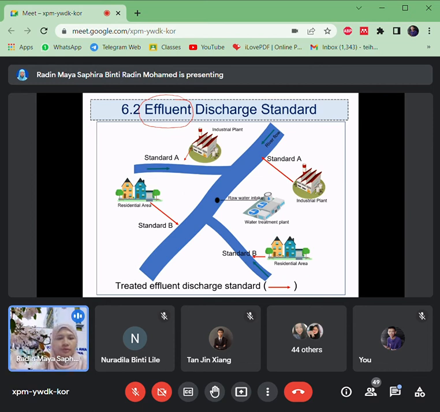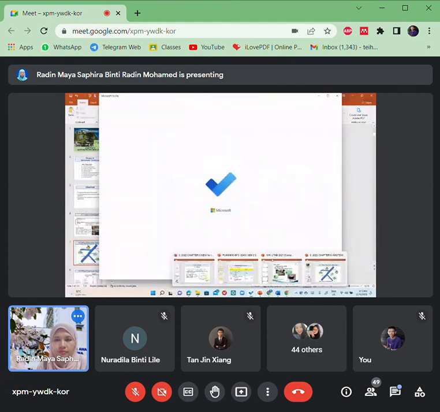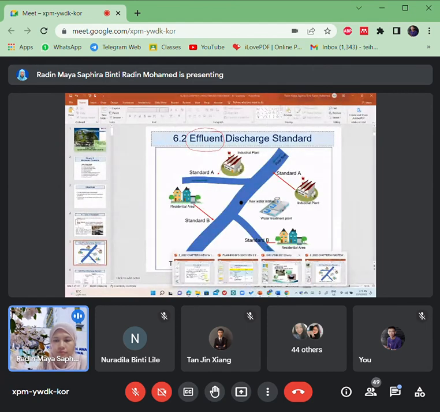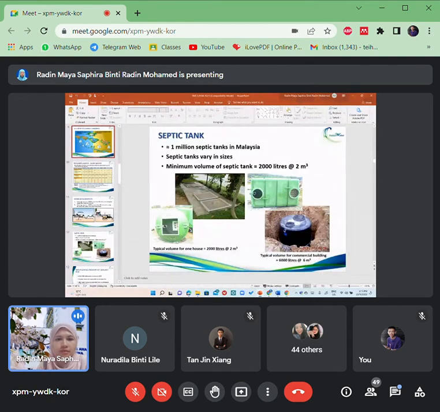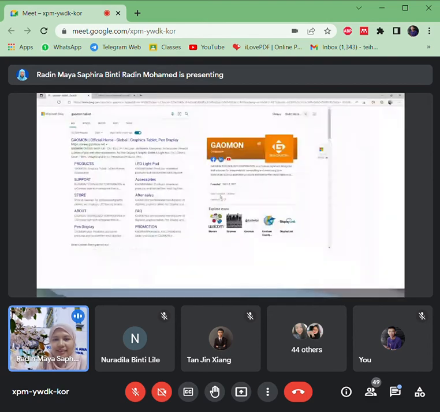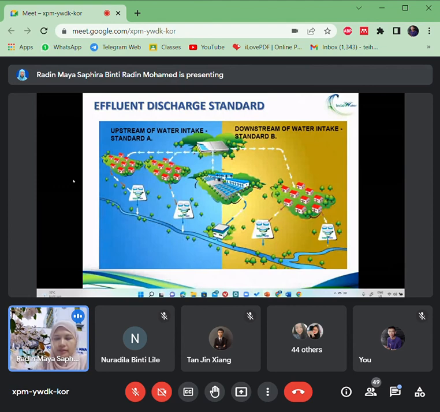Macam confused sikit ni. Kalau ni nampak senang sikit nak faham. Saya refer yang AWK punya lah. Saya rasa macam tu ada silap sikit. Dia ada standard A, standard B ya.